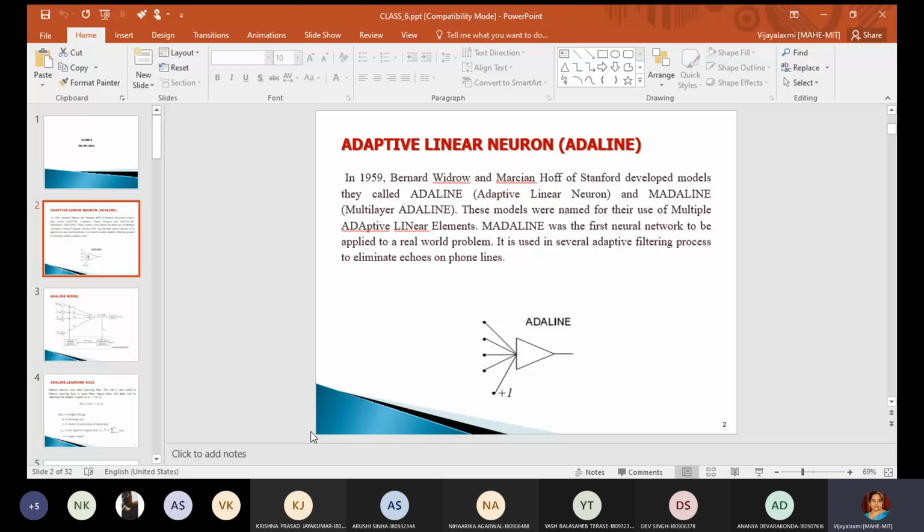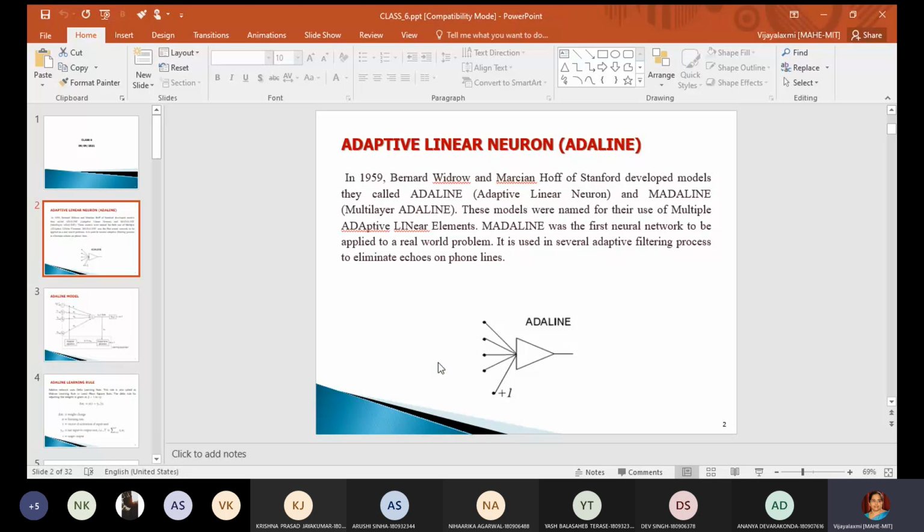It was developed by Bernard Widrow and Hoff in the year 1959. Madaline, I will not tell anything about that because it is actually multi-layer Adaline only. This Madaline is used in several adaptive filtering processes to eliminate echoes on phone lines.